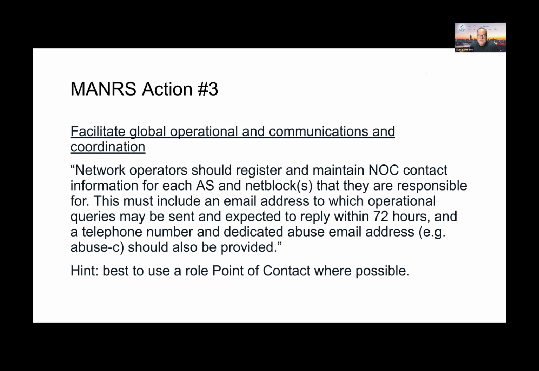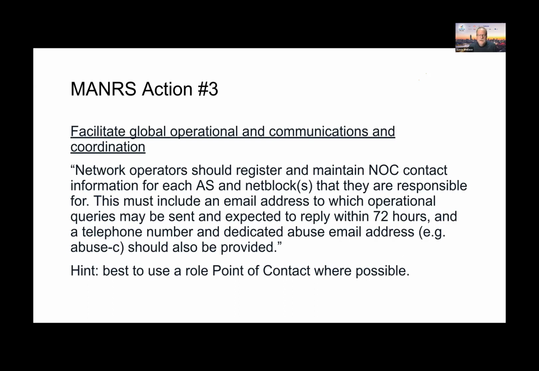So MANRS action number 3: facilitate global operational communication and coordination. This is important. The internet is made up of just over 70,000 individual networks. So there are roughly 70,000 ASNs that comprise the internet.